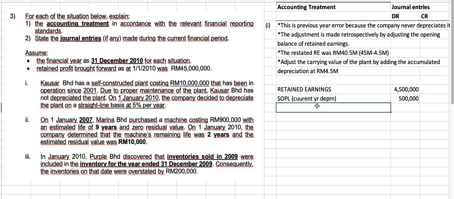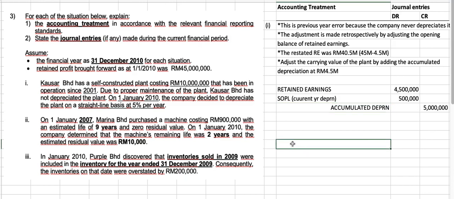And then we credit accumulated depreciation, which will be 5 million, that is last year's 4.5 million plus this year's 500,000. So that's the journal entry.